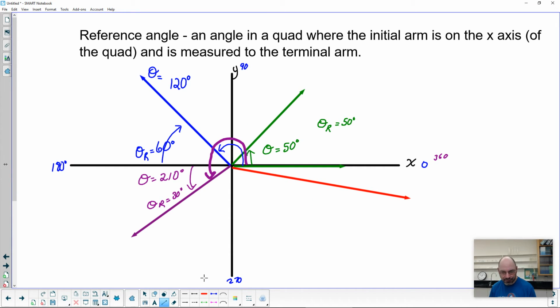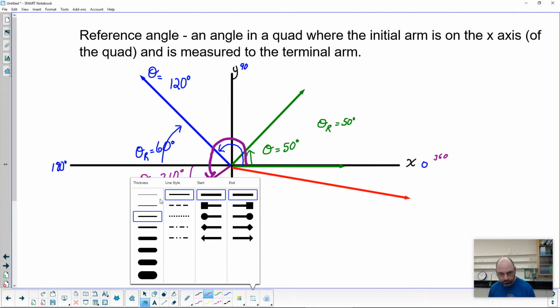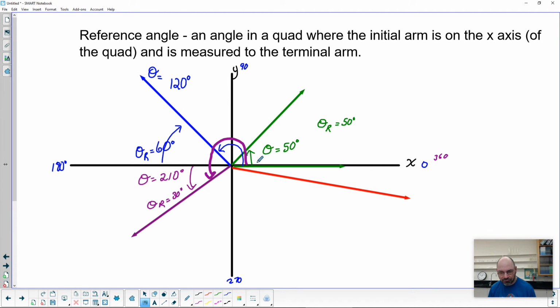Let's say that in that one, as we go all the way around from here to there, that angle, which we call theta, looks to be about 15 or so.